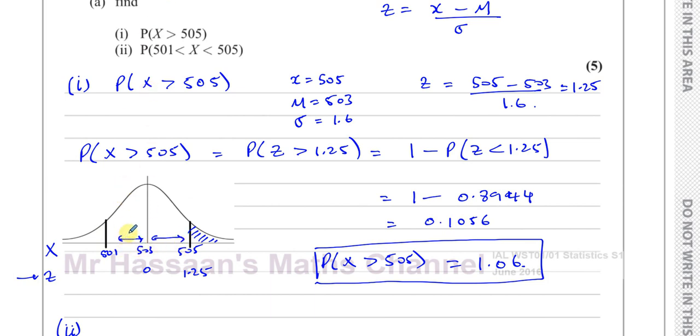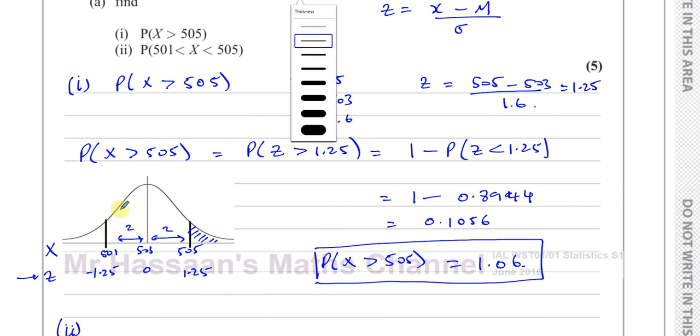Between 501 and 503 is 2 units, and that's 2 units. In terms of z, this is going to be 1.25 standard deviations below the mean. Symmetrical. So the z value is going to be negative 1.25 here. So we need to find this area in between those two values.